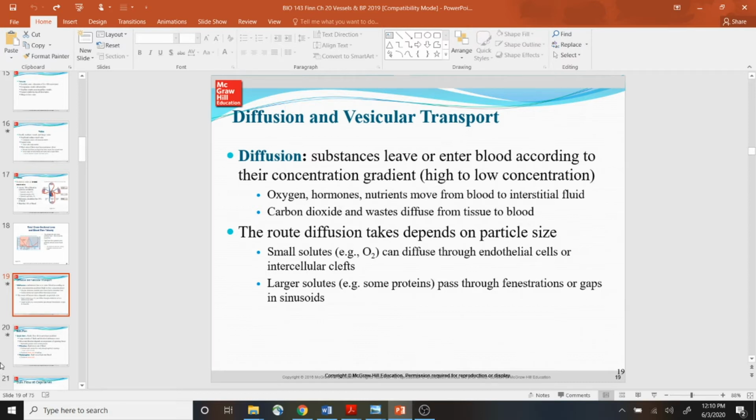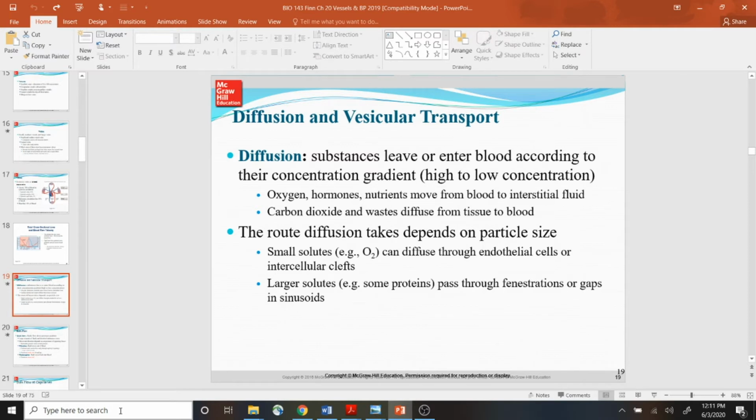Now, the route diffusion takes depends on the size of the substance. If you're smaller, you can diffuse right through those endothelial cells that we talked about, or the clefts. If you're larger, you need capillaries that have bigger gaps or fenestrations. And so depending on where I'm at will depend on particle size.